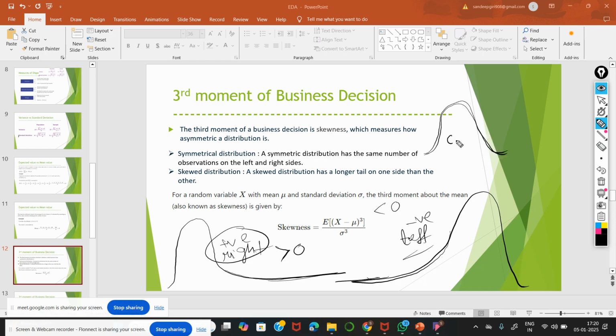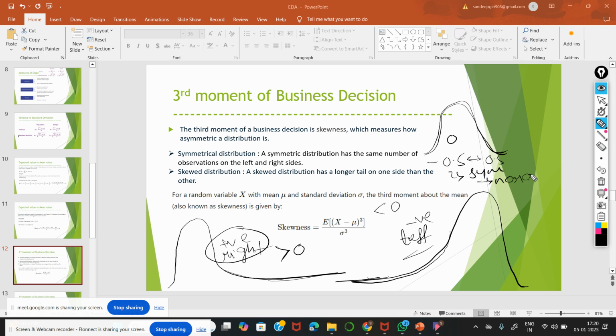This is zero skewness. Exactly zero you may not get, but you will get a value close to zero. Basically it is taken as minus 0.5 to plus 0.5. If your skewness value comes in this range, that is nothing but a symmetric distribution, or we can call it a normal distribution.